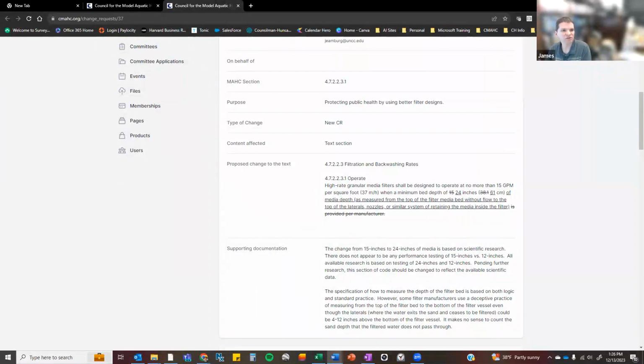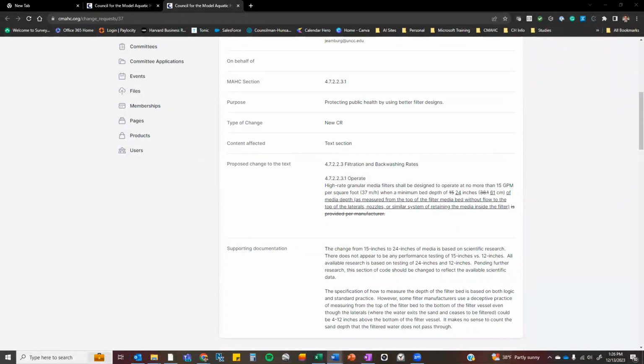But this is just that one step, because people are going to be saying 10 years from now, well, all of our filters have 9 inches of media. They won't work with a coagulant. And it would be like, yeah, you're right. They won't. I don't see a real downside to this other than a little bit more cost in building.